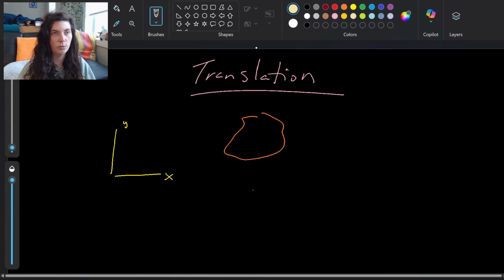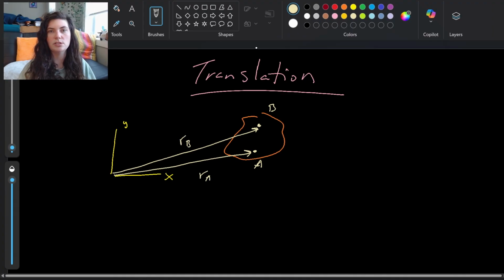I can go from the origin to some arbitrary point A, and from our origin to some arbitrary point B, and those will give me position vectors of RA and RB for the body.